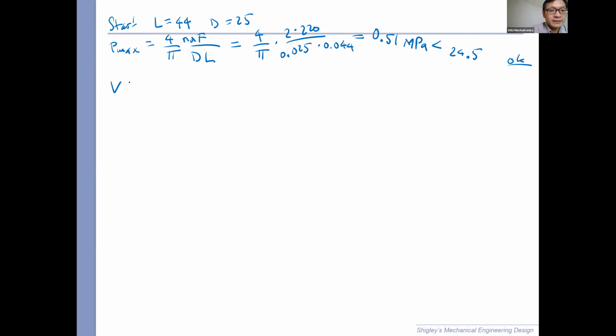Let's check our V. No design factor here. It's just a geometrical calculation. It has nothing to do with forces. Velocity is simply kinematics. 0.39.